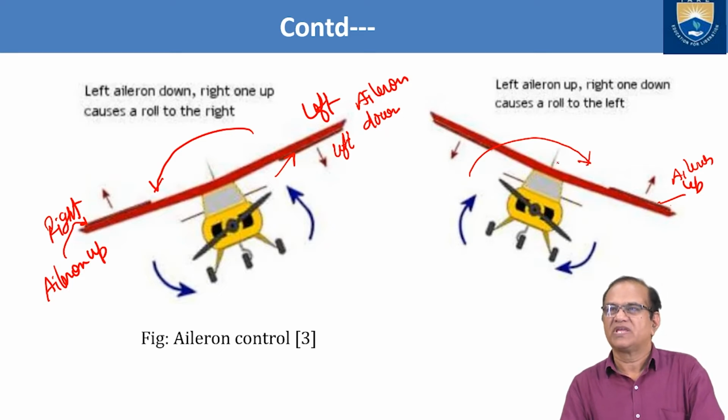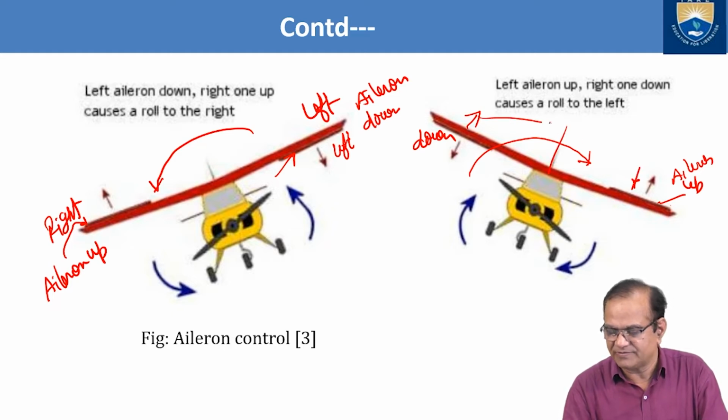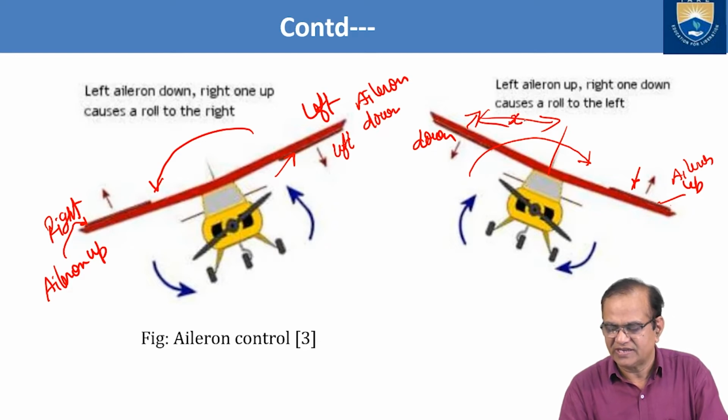Okay. So here it is down, this is down and this is up. So here a force will act like this, and from here to here, this is the XA. From here to here also XA.